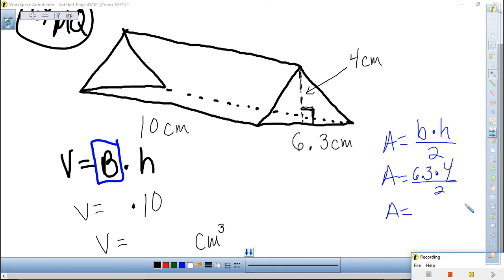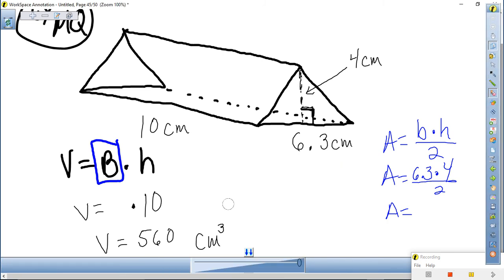What'd you get for this one, Marcelo? 560 centimeters cubed. Hands if you got that. Okay. Can you correct it, Marcelo, and then give me the correct figure?